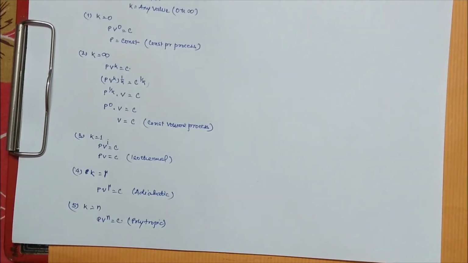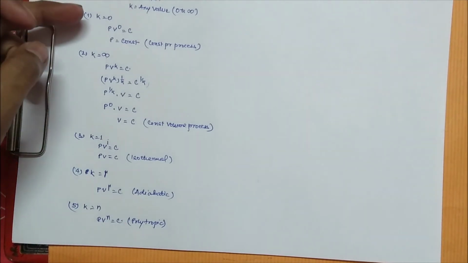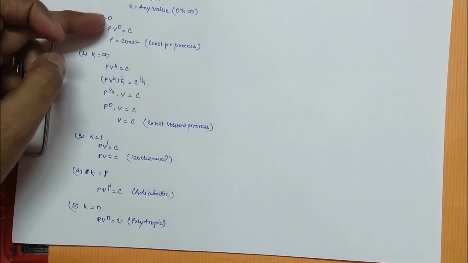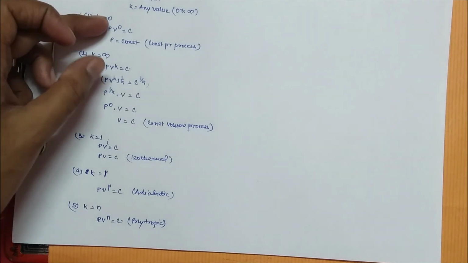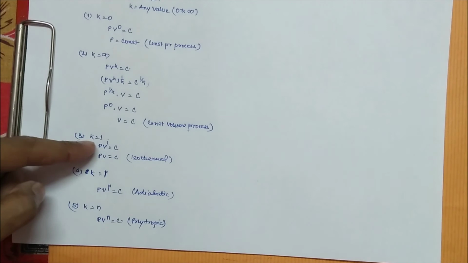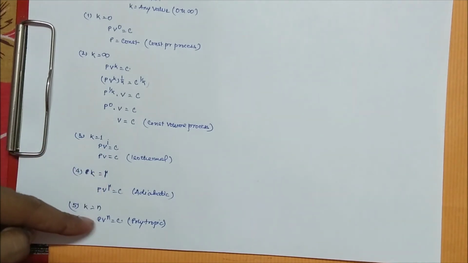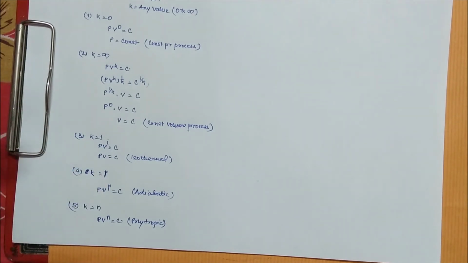Now, as we saw, when the value of k is changed to 0, infinity, 1, gamma or n, different processes are seen.